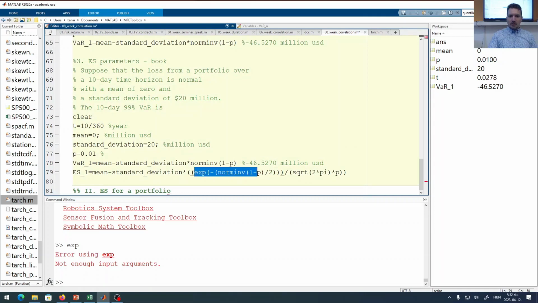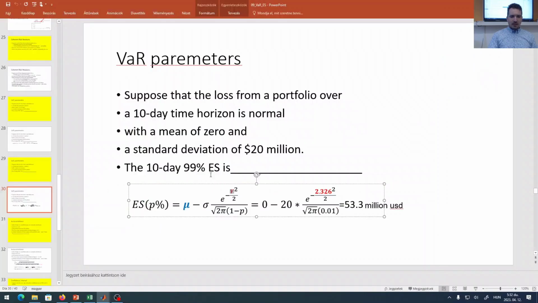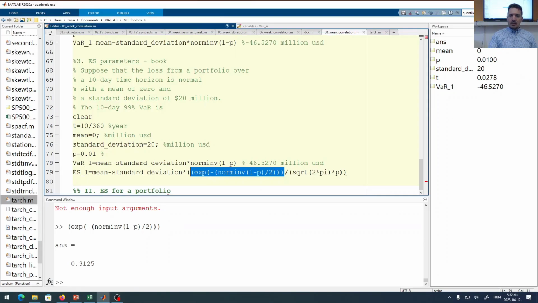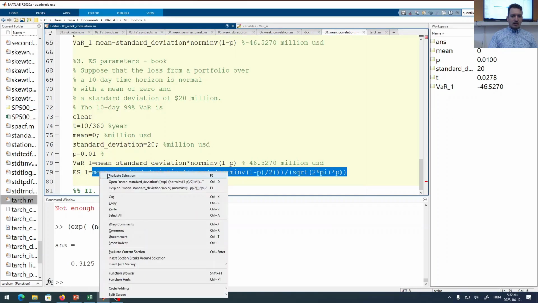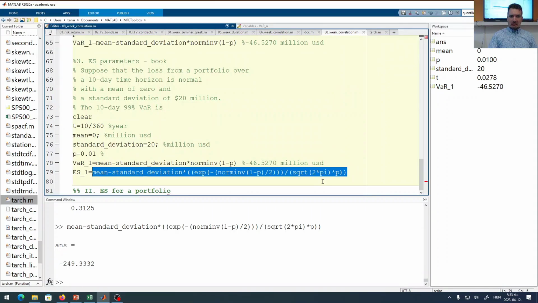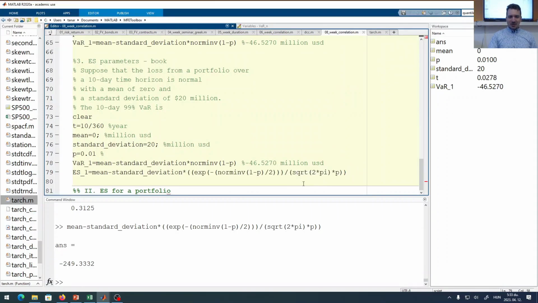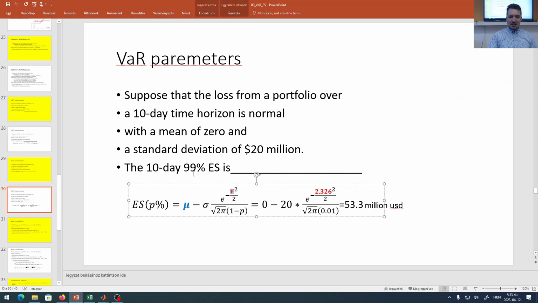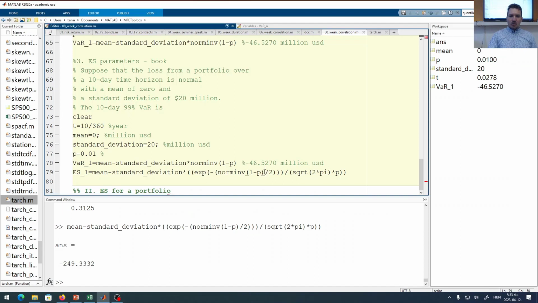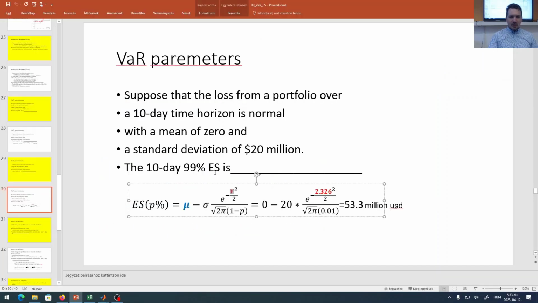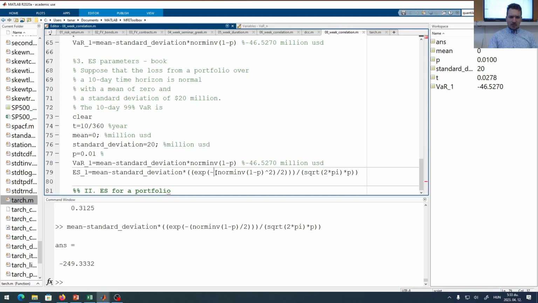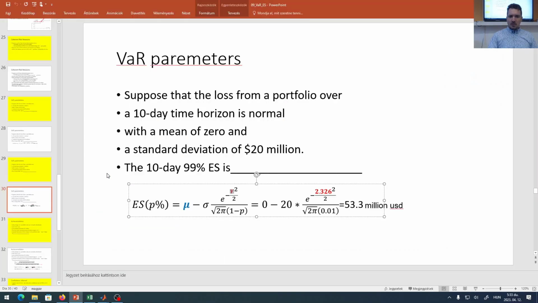So hopefully no. Yeah. Oh. Yes, it's on squares. This one. Now it's good. Okay.